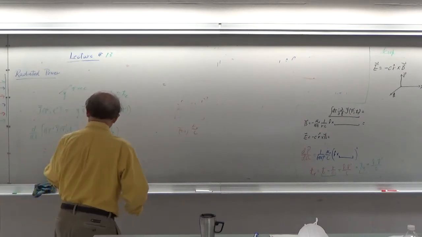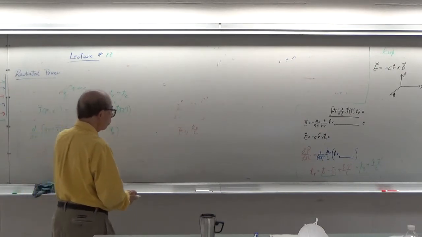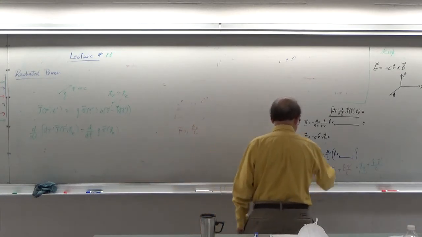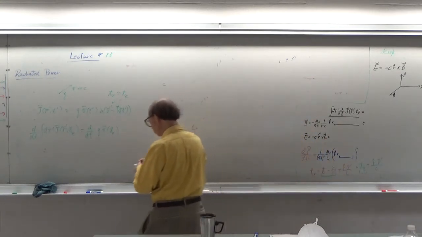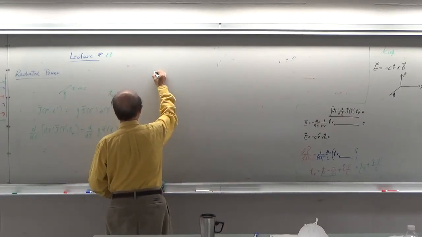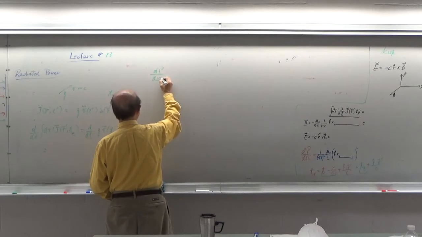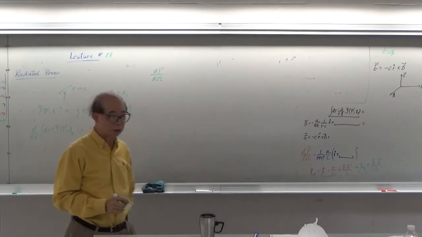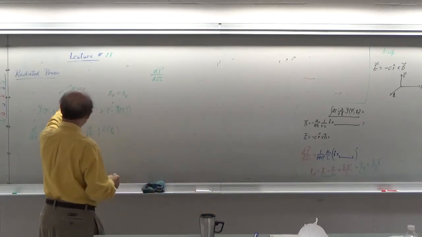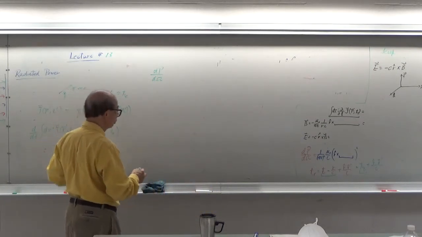So then now we have this. And what is the power of radiation? The power of radiation is given here. dP/dΩ gives me the angular distribution of the power of radiation for this moving charge.